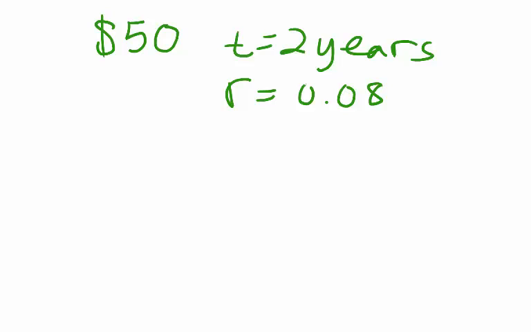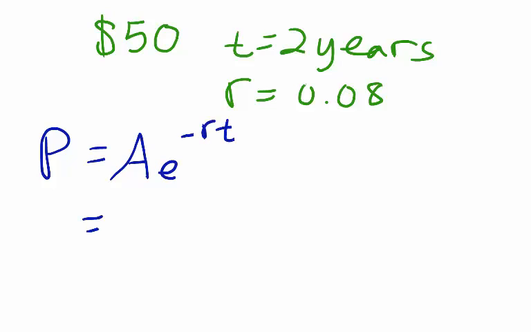For continuous compounding, we can use the formula P equals A E raised to the negative R times T, where A equals our present value, 50, E is an irrational constant.